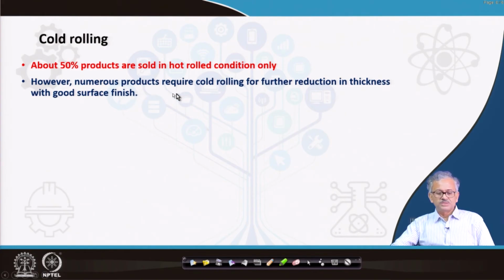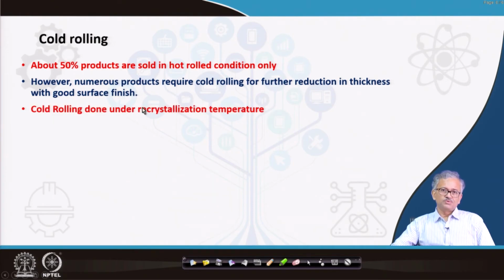However, numerous products require cold rolling for further reduction in thickness with good surface finish. Usually cold rolling gives a much better surface finish. That is another advantage. Cold rolling is done below the recrystallization temperature. Obviously, it doesn't go beyond the recrystallization temperature. So when you do cold rolling, you strain the structure, and as a result work hardening takes place.